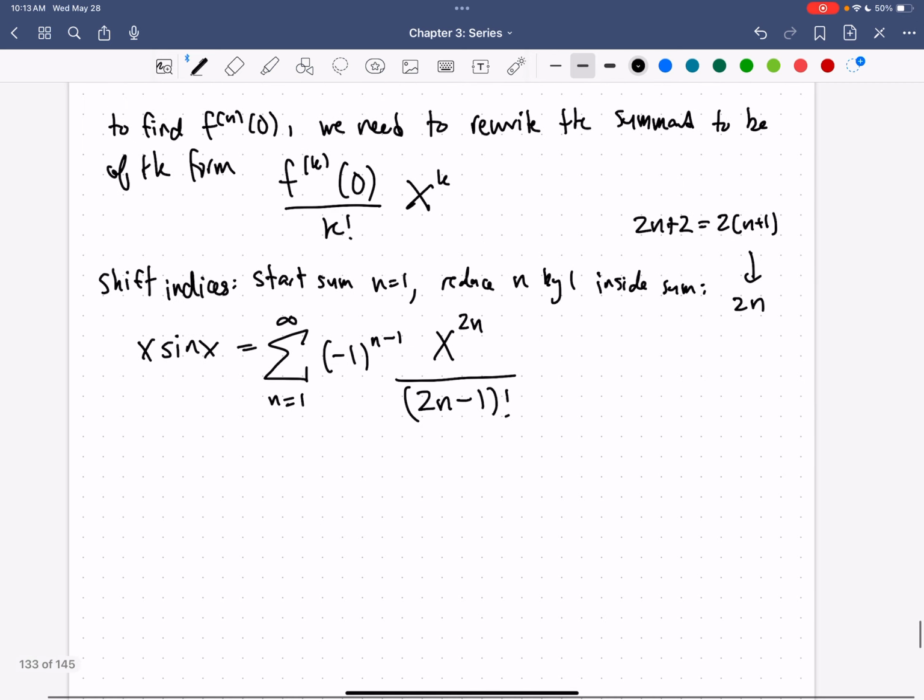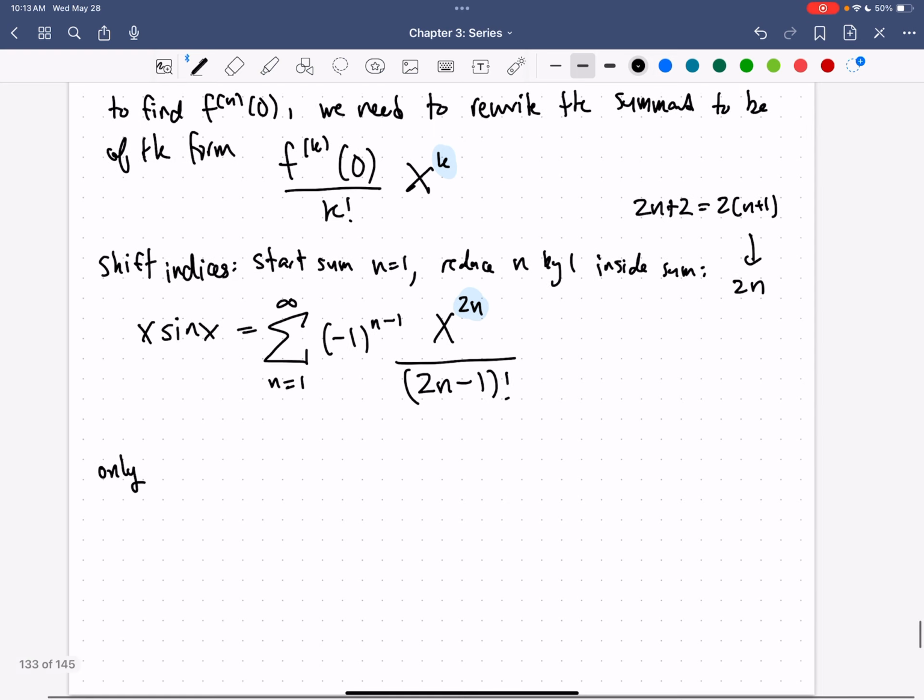Now, because we've got only even powers of x, we can see that that already tells us what the nth derivative is for odd powers.